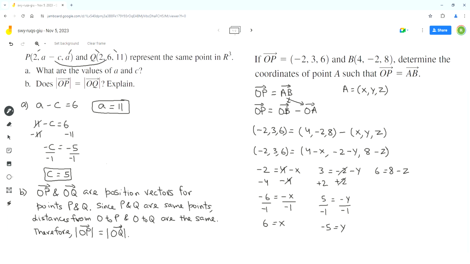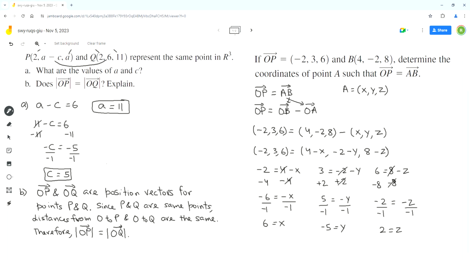So we can subtract 8 from both sides. So 6 minus 8 is negative 2. And we can divide both sides by negative 1. So we get z equals 2.